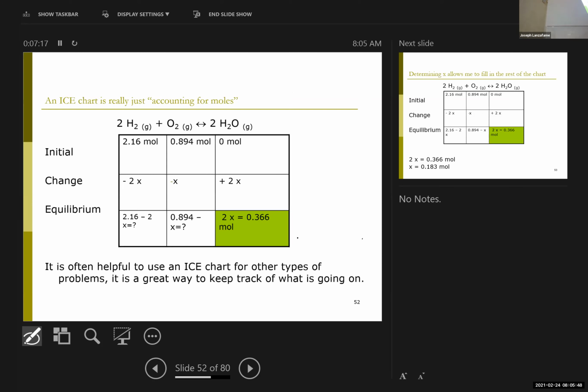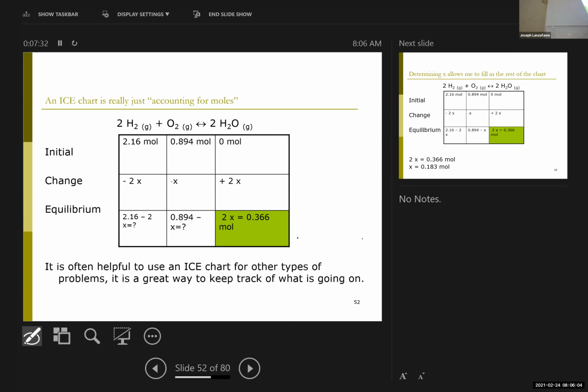So in this particular case, I converted my grams to moles because, of course, grams is good, but moles is better. And so I had the initial moles of the reactants. Implicitly, I also had the initial moles of the products. I didn't throw any in to begin with.